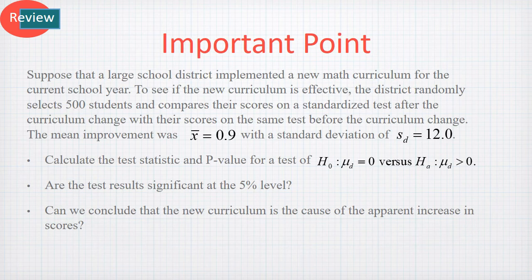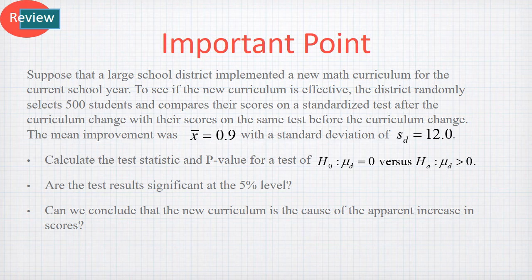A couple of important points to talk about, things that the AP exam loves to throw at you. The idea of practical importance. Statistical significance is not the same thing as practical importance per se. So let's look at this example. Suppose that a large school district implemented a new math curriculum for the current school year. To see if the new curriculum is effective, the district randomly selects 500 students and compares their scores on a standardized test after the curriculum change with their scores on the same test before the curriculum change.